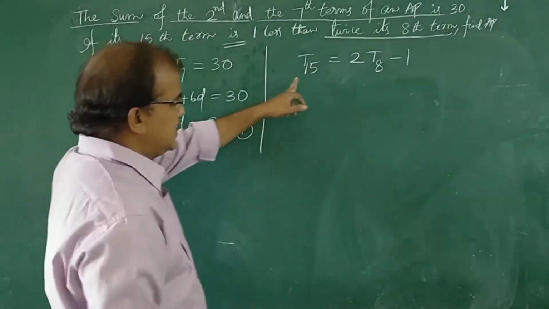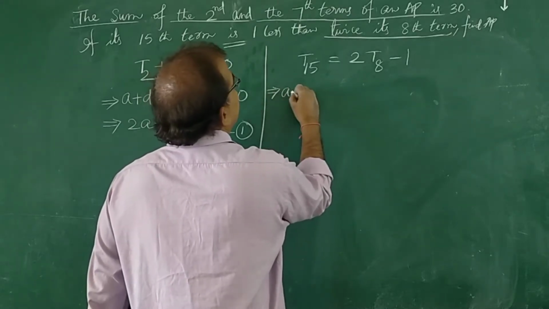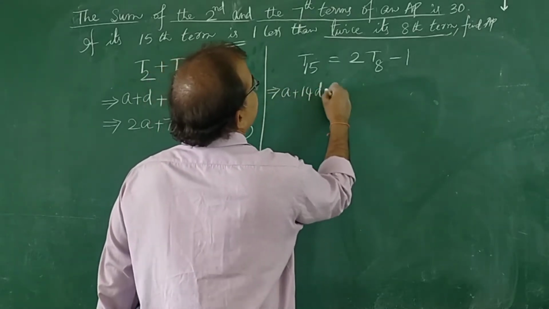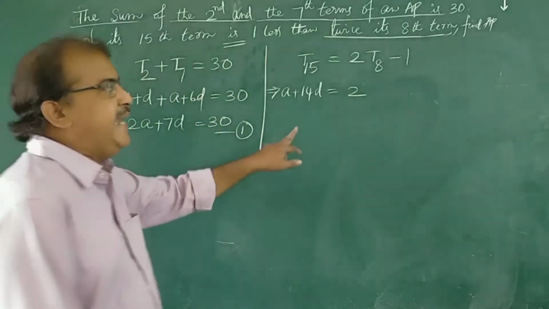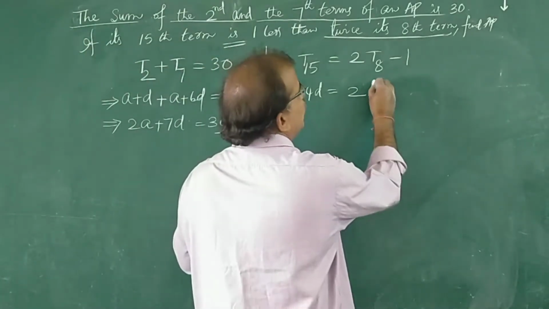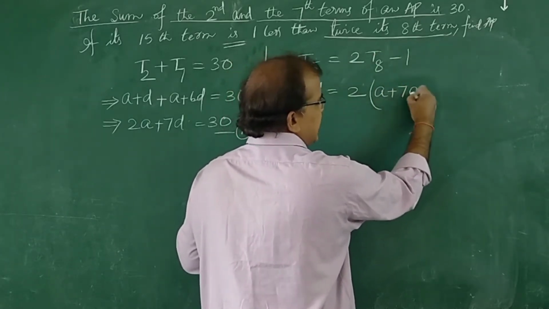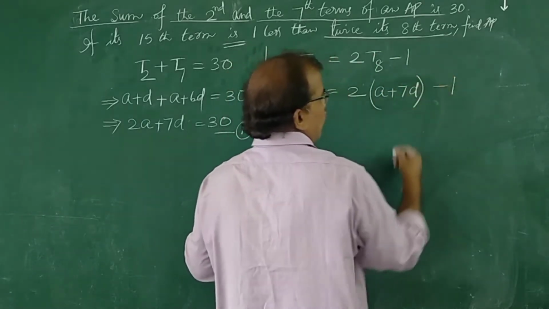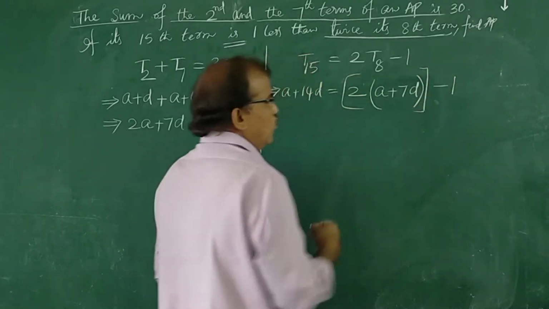Coming to equation 2, a plus 14d is equal to 2 times T8. 2T8 means 2 into T8, and T8 means a plus 7d, minus 1.